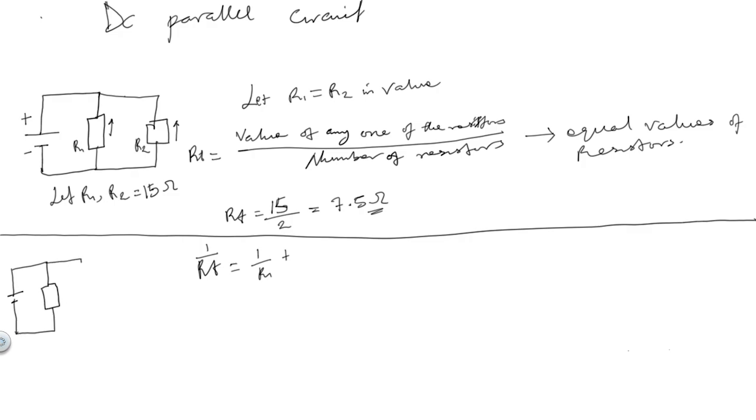Let's take it to be 3 resistors now, so that you would understand what I'm trying to do here. Let's make it 3. This is always cathode, this is the anode, positive as always. So this is R1, this is R2, this is R3.